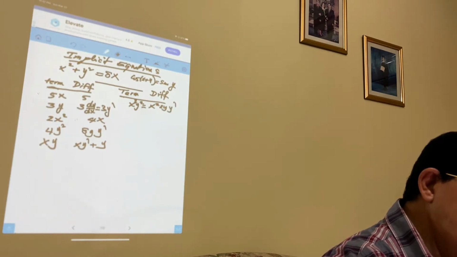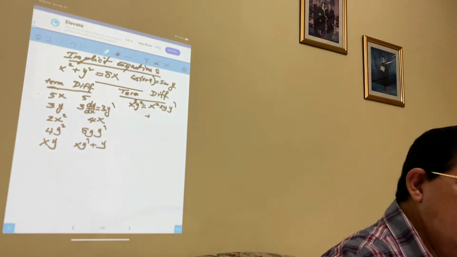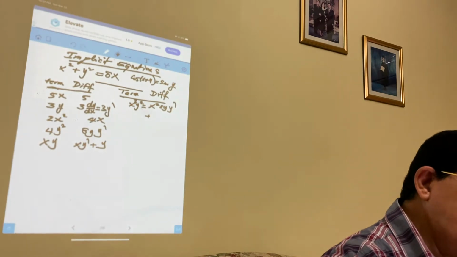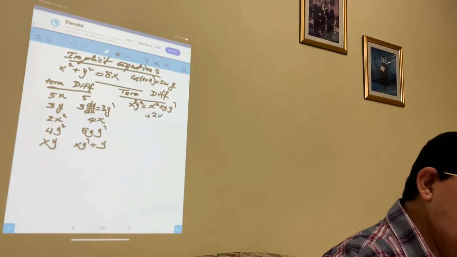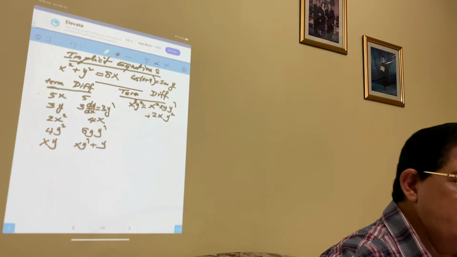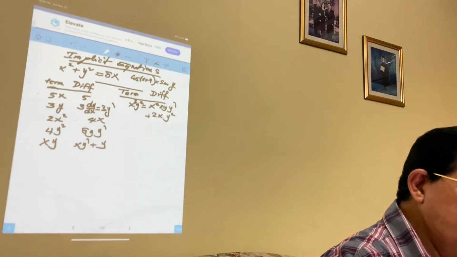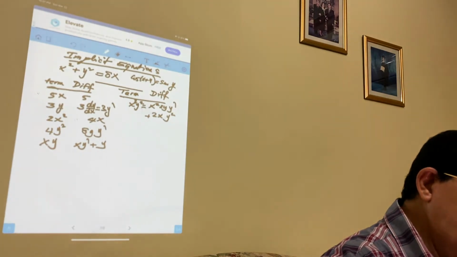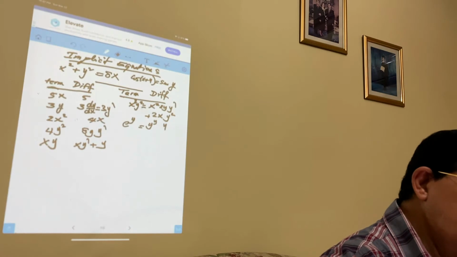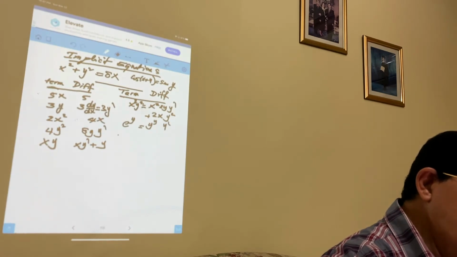And then differentiate the x squared, 2x, and leave the y squared as it is. What is the differentiation of e power y? It is e power y times y dash. What is the differentiation of ln y?